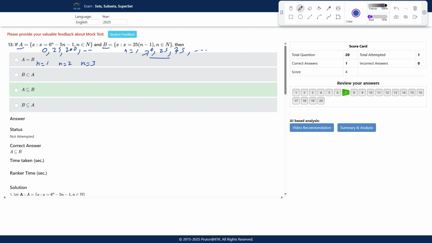So 25 times 1, 25 times 2, 25 times 3 and so on. Here we are having elements of this form, which are not all multiples but selected multiples of 25. Clear? Here we are having all multiples, and also an extra element, 0. So all multiples union 0. So with the extra elements, this B set will be our superset.